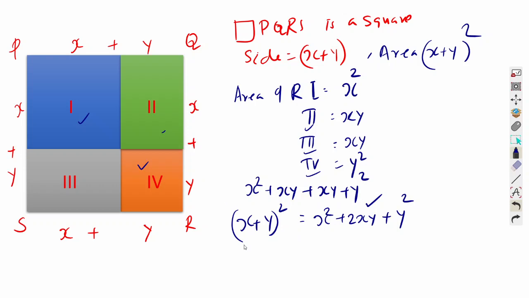If you are writing a plus b whole square here, you will be writing a square plus 2ab plus b square. That means a plus b or x plus y, which is a binomial, by squaring it we get an expression which we have got now, and it is universal and it is true. Or we can say that it is an expanded form of this particular binomial when squared.